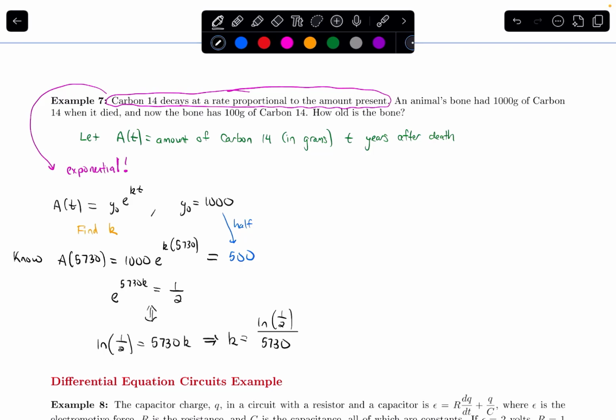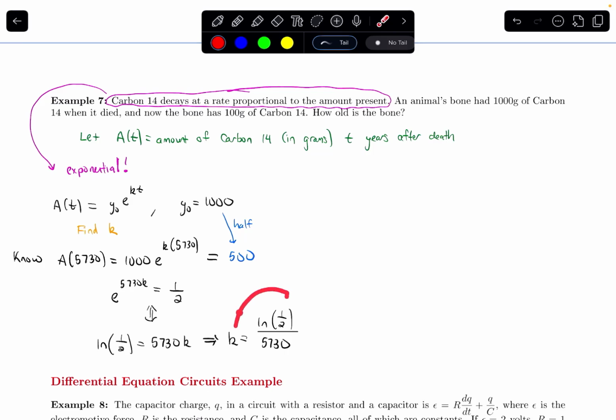Now, there's one simplification I'm going to make to this, which I don't have to do, but I think it helps to illustrate something that's going on. This k, if it's positive, indicates that the quantity is growing. And if it's negative, that indicates it's decaying. The problem is saying that the amount of carbon-14 is decaying. It's because it's radioactive. It's shrinking over time.